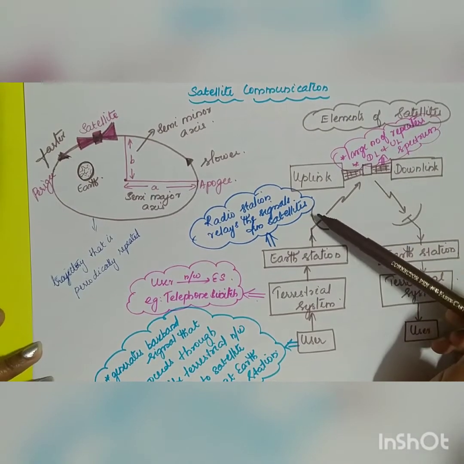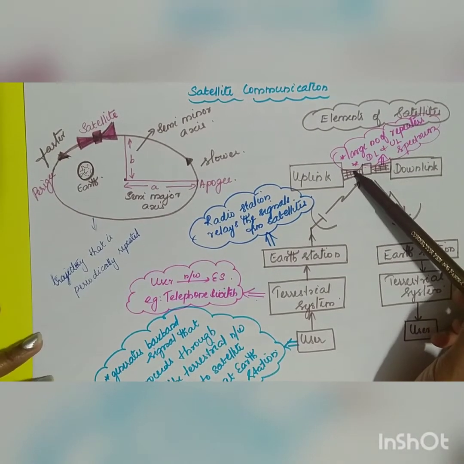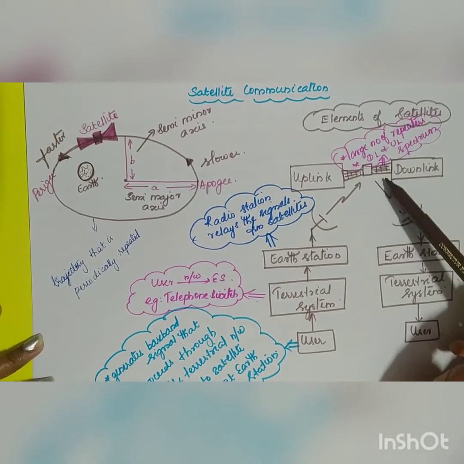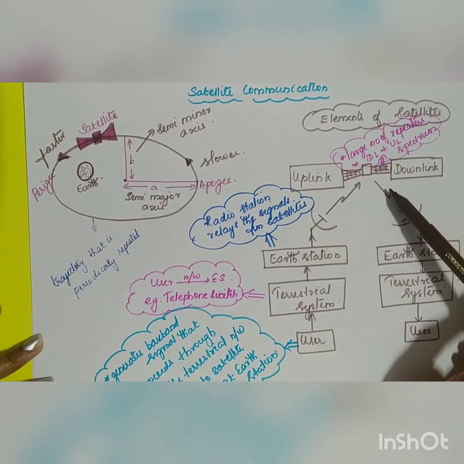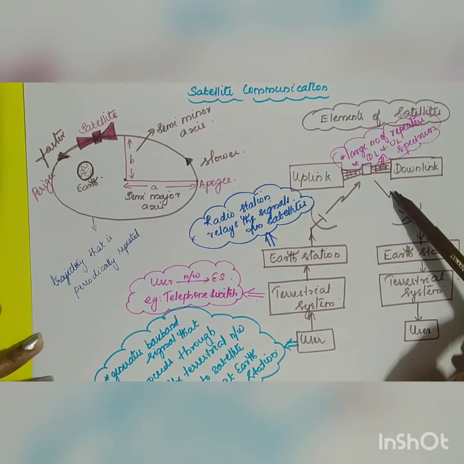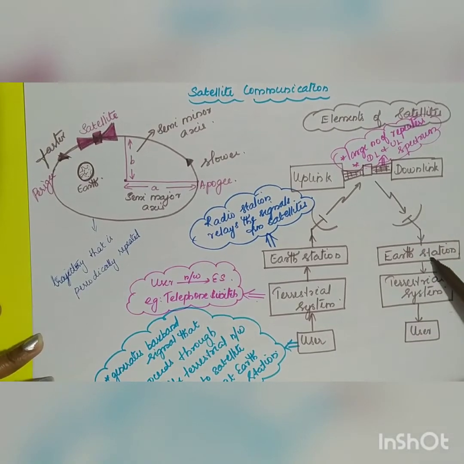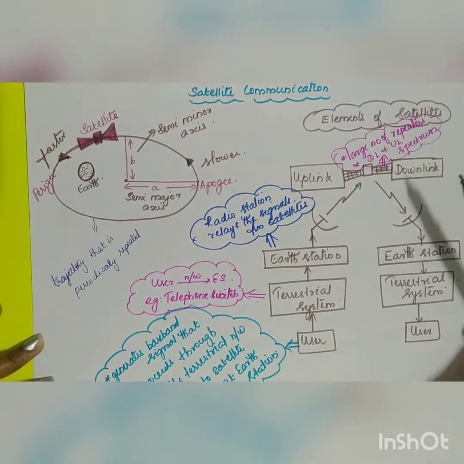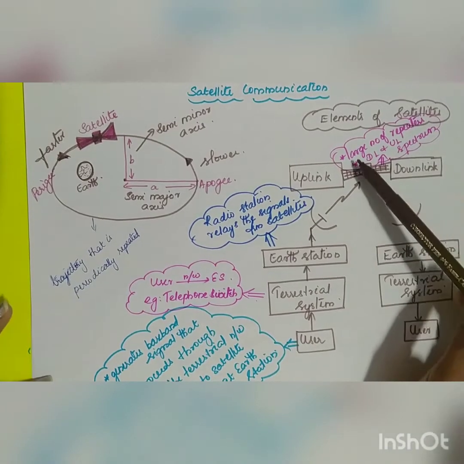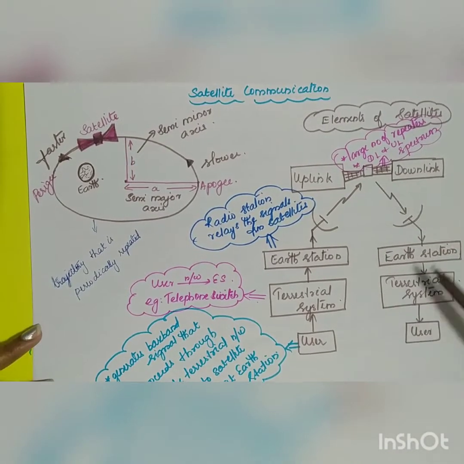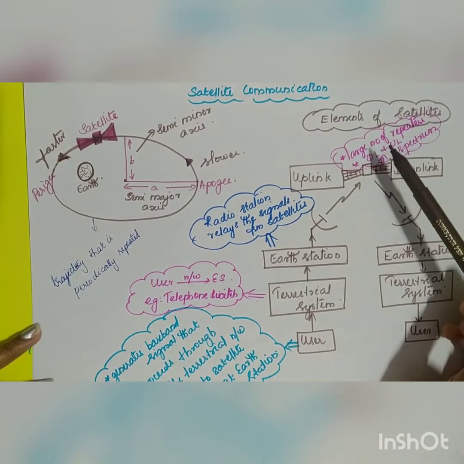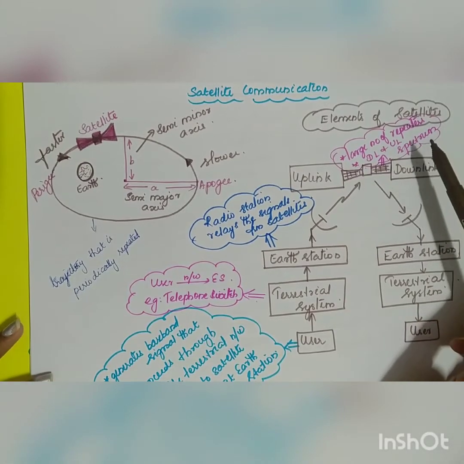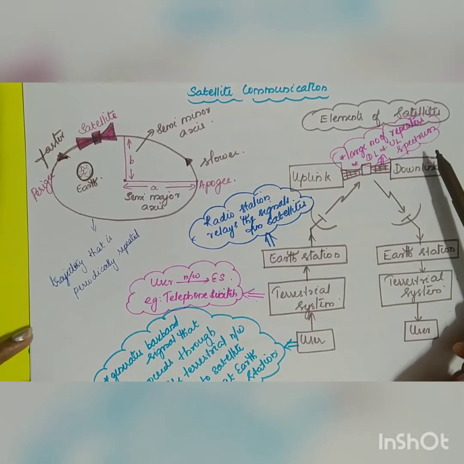Uplink is the signal which is passed on to the satellite, and downlink is the stream spectrum with the signals which are transmitted from the satellite to the Earth station, back to the Earth station. This is how the different elements of satellites work. And the satellite consists of a large number of repeaters, relays, etc.